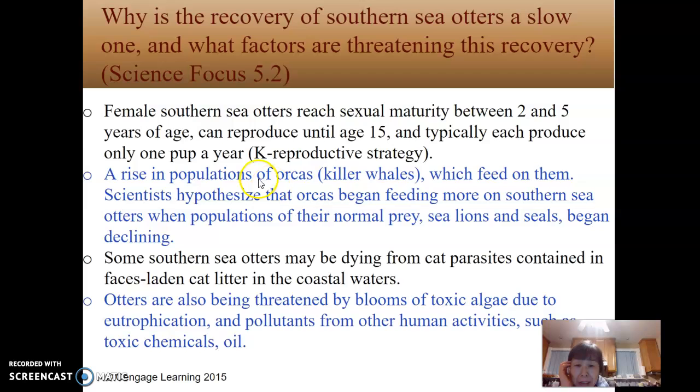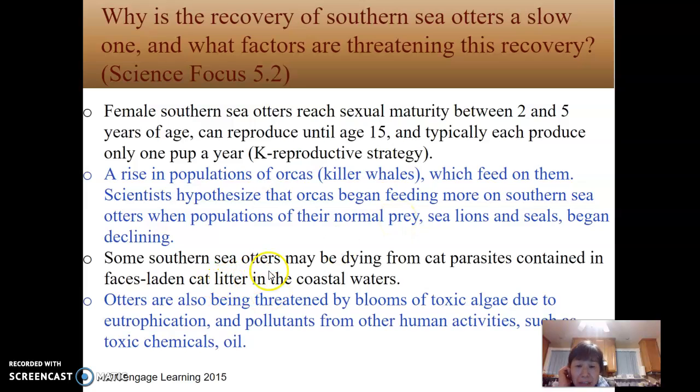A rise in population of orcas, which are killer whales, they feed on them. And then people think about it, because their other prey die out, so they prey more on sea otters.